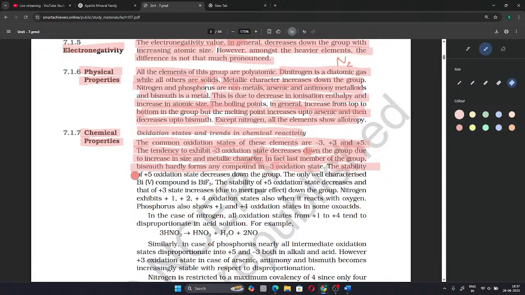The stability of the +5 oxidation state decreases down the group. The only well characterized Bi(V) compound is BiF5.